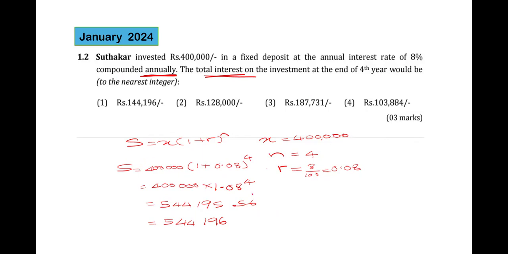We subtract the principal. Interest equals 544,196 subtract 400,000, which equals 144,196 rupees. That is the answer. The correct one is the first answer. Right.